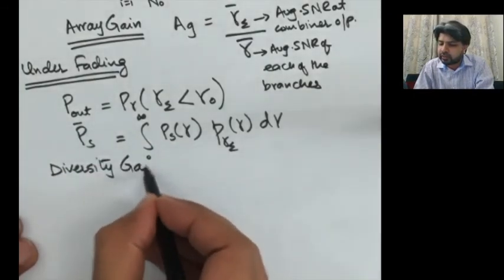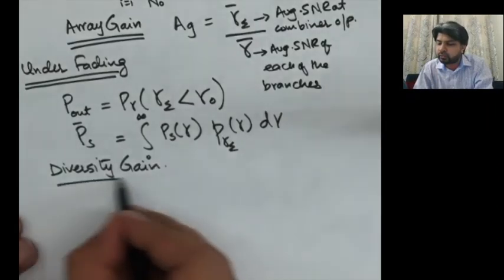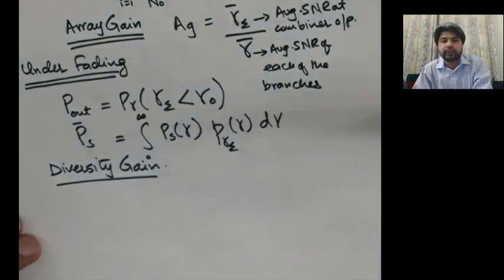The diversity gain is related to how much improvement you get in the curve of your symbol error probability.